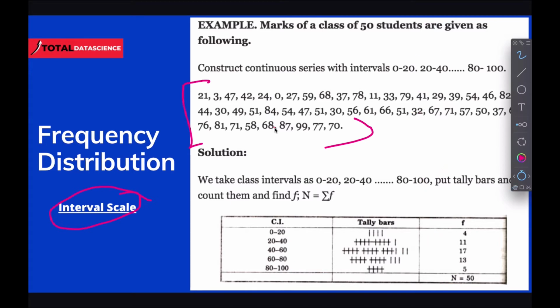So what we can do is find an interval, say between 0 and 10. What are the data points between that? Then we put them there. Or maybe between 0 and 15, or between 0 and 20. We group together the data points that exist between them.